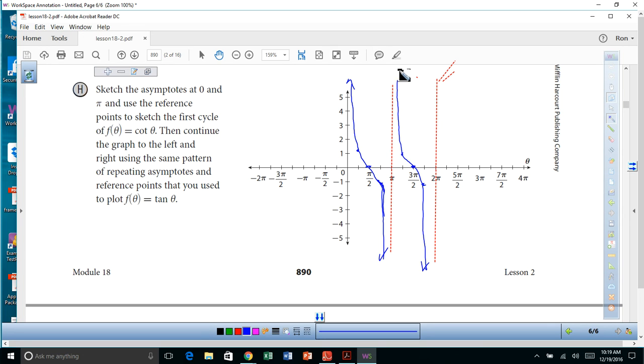You see why they note the period? Because it's real easy. It repeats itself, so you just add pi to everything. Here we had 2 pi. We add pi, that gives us 3 pi. Then add pi to that, and that gives you 4 pi. Add pi to that, and that puts it right there, here, and here, and here, and here.